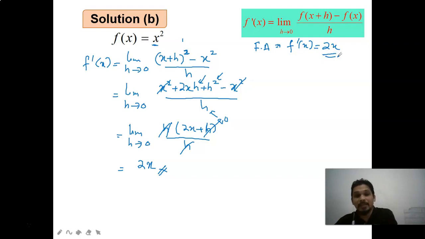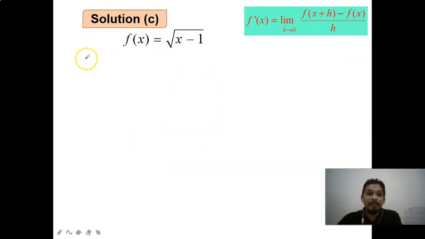Okay, next, f prime x equal to, for this one here now, is also equal to (x minus 1) to the power of half.